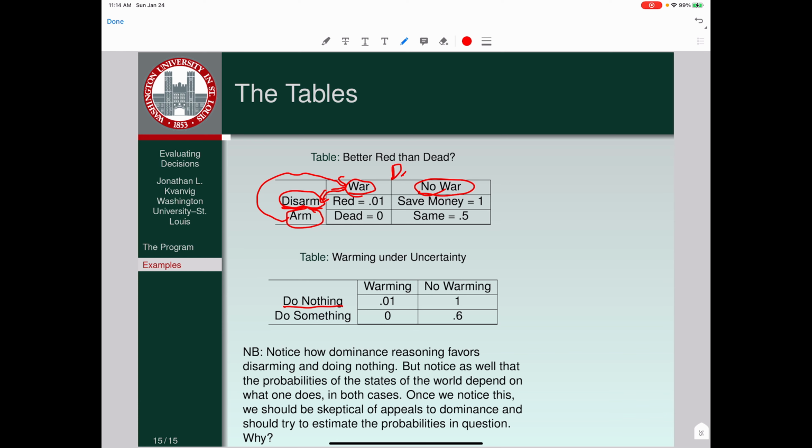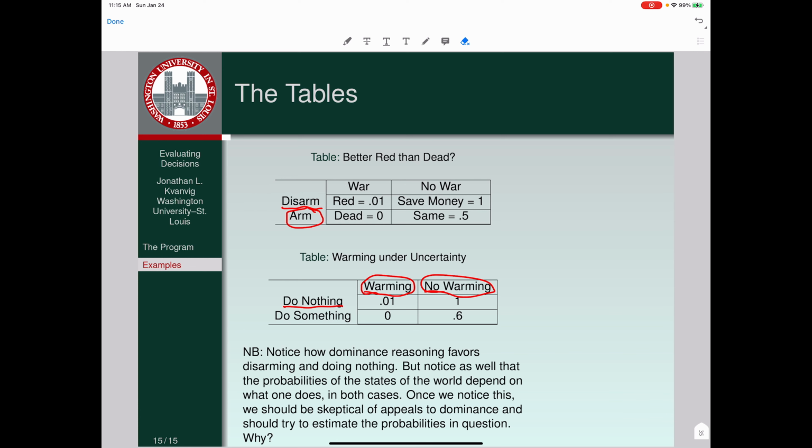So the deterrence argument here tells us the states of the world are not independent of the actions in question. Similarly, you can say the same thing with the bottom one. Doing nothing or doing something affects the probability of global warming continuing versus halting.